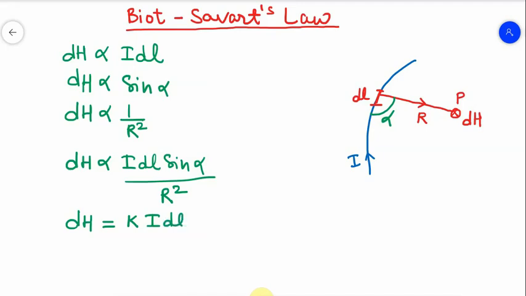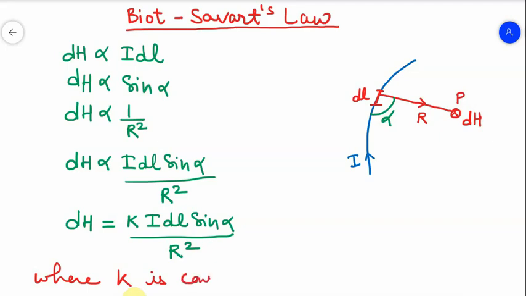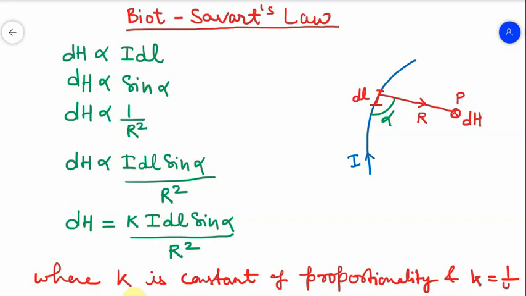So dH equals k I dl sine alpha upon r square, where k is the constant of proportionality, and in this k equals 1 upon 4 pi.